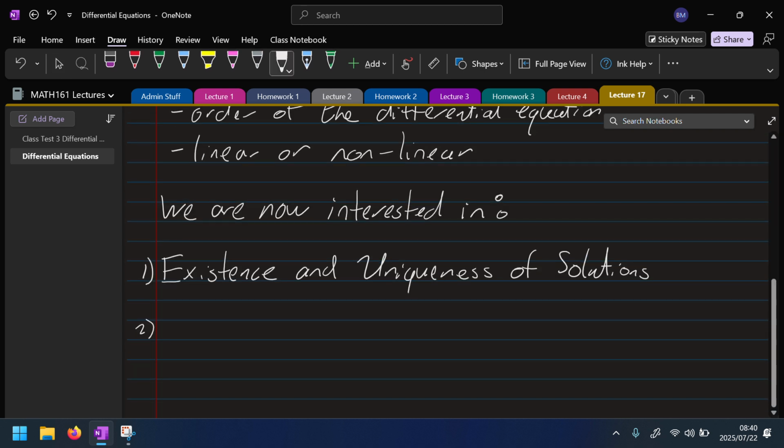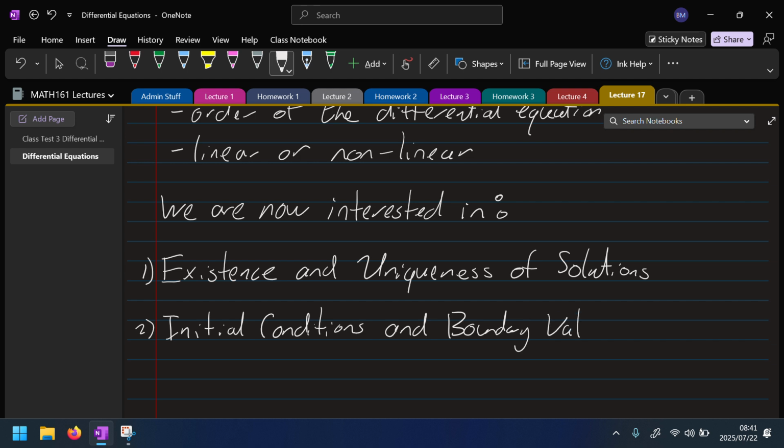Number 2, initial conditions and boundary values. This will become very important for the mechanical engineers later on. Initial conditions, you know that from physics, right?